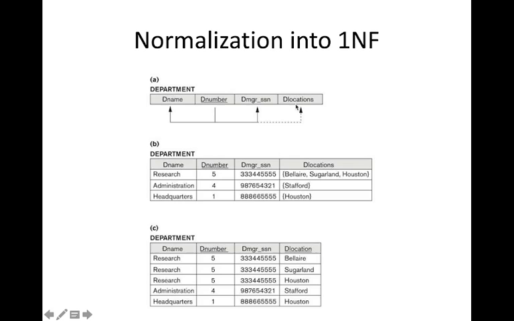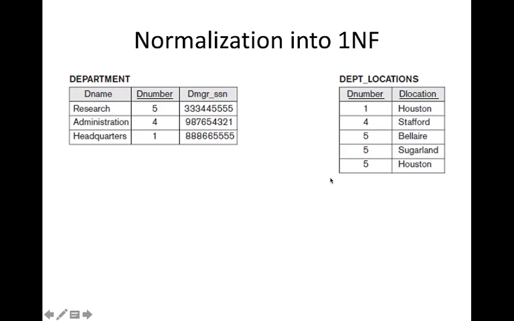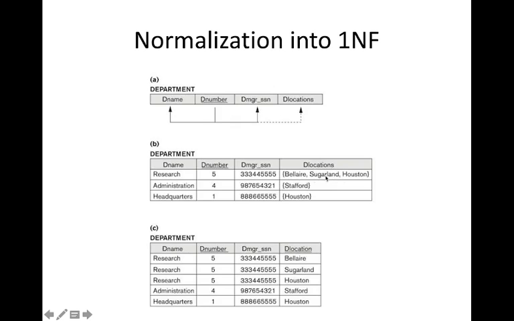If you take this database state, you can see that the research department is department 5, and the manager is this one, and it is located in three different locations. Within braces means it is a multi-valued attribute. We have already studied all these things when we learned about attributes. So department locations is a multi-valued attribute here.